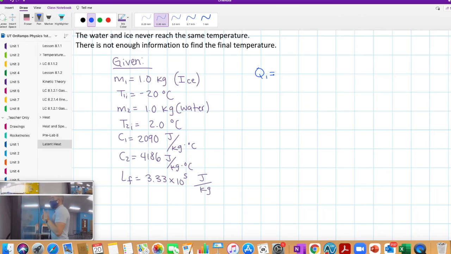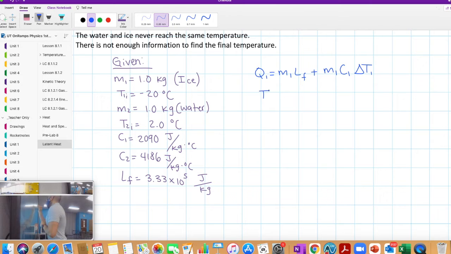We need to account for the phase change, so we'll have mass 1 times latent heat of fusion plus, now we have to account for the change in temperature, mass 1, specific heat 1 times delta T1. And here's where we have to state that the final temperature, in this case we want it to go to 0 degrees, that'll be the final temperature. I'm not writing it down as part of given because it'll change when we go for part 2.